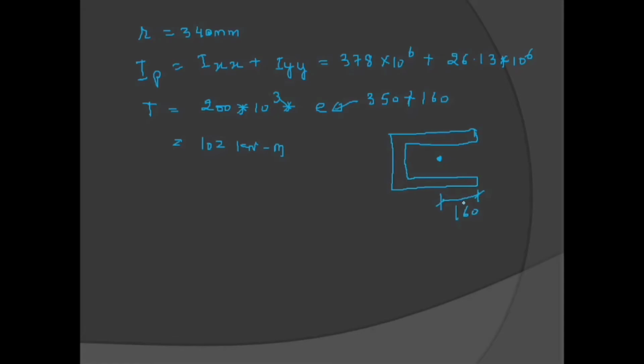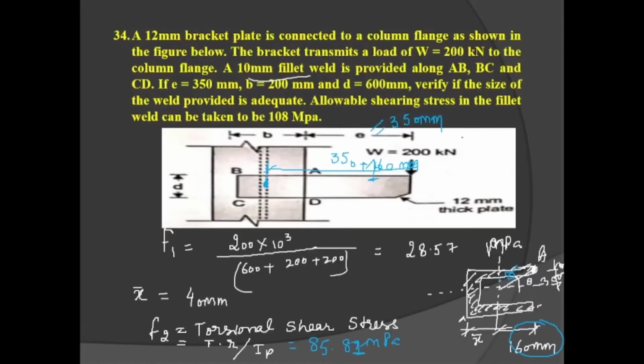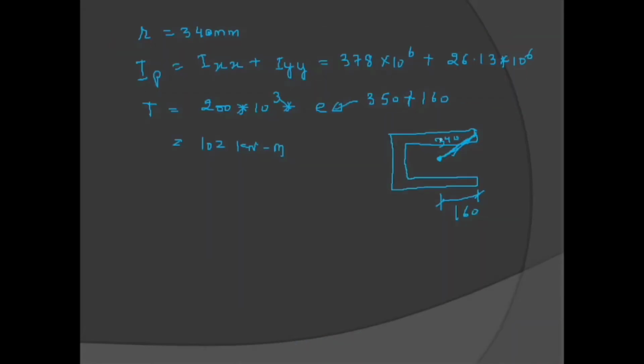The radial distance is 340, yes or no? 340. And this value is 300 mm. So cos theta is actually what we require.